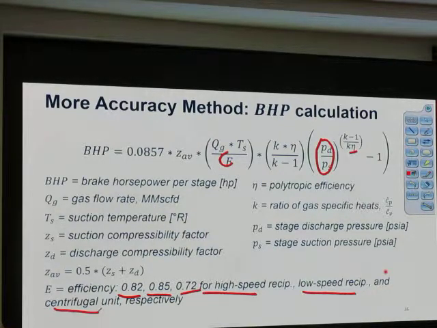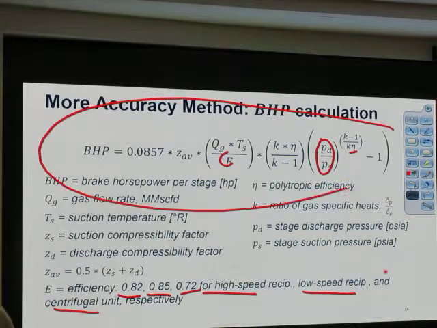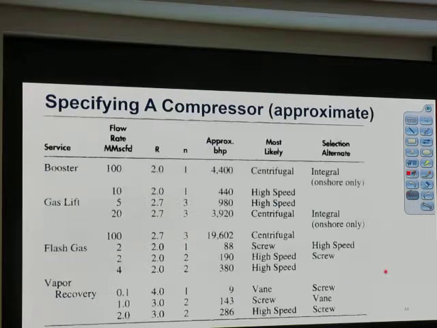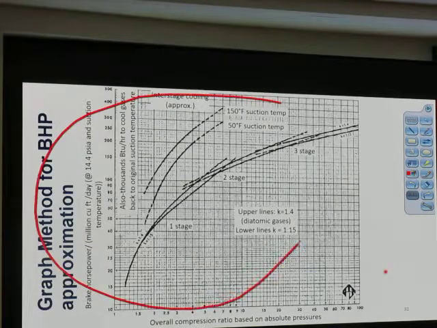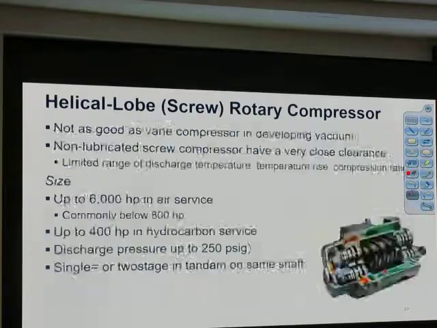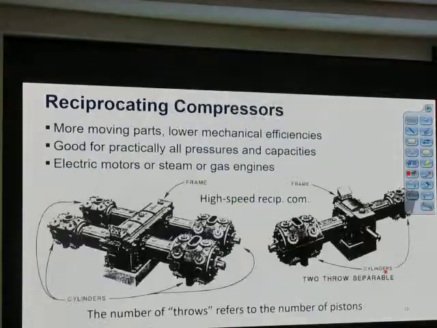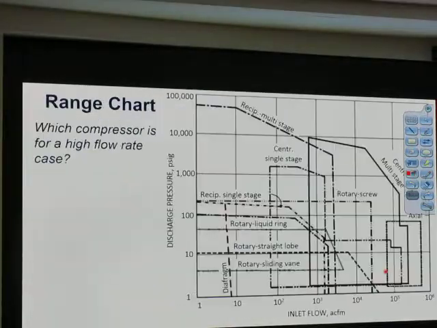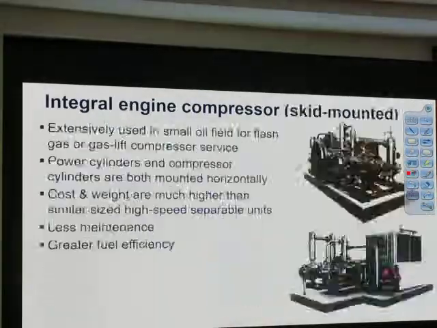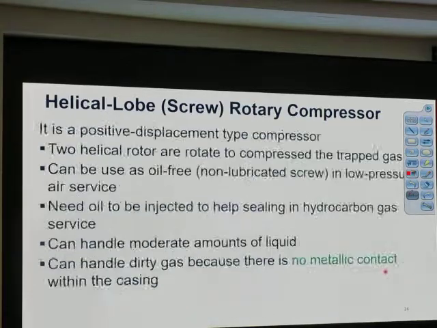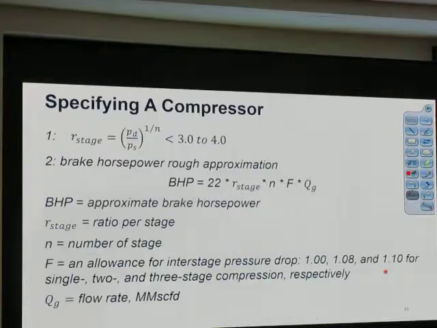So here's another equation. Your job is to put the values in and get the result. Compare this with the answer from the chart and the answer from the equation that has 22 multiplied by the number of stages.